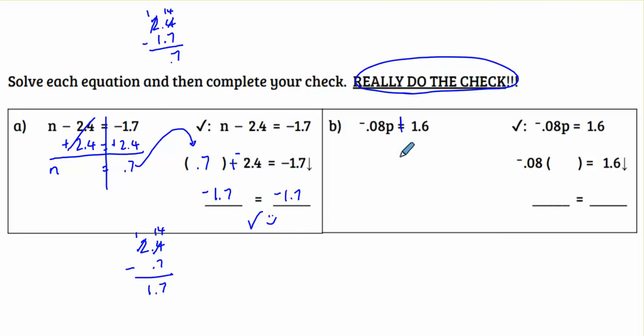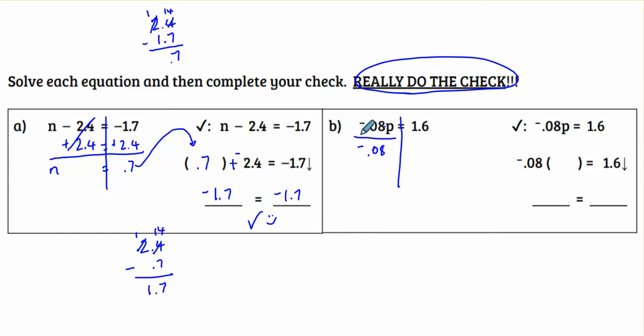So I'm going to draw my river. I'm looking at this side here with a P, and I ask myself, all right, what is going on here? Right now, the P is being multiplied. So in order to get rid of this number, I divide. What do I divide by? I divide by the number I'm trying to get rid of, which is negative 0.08.